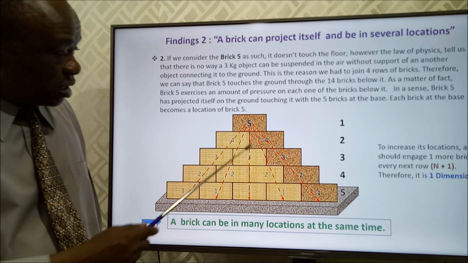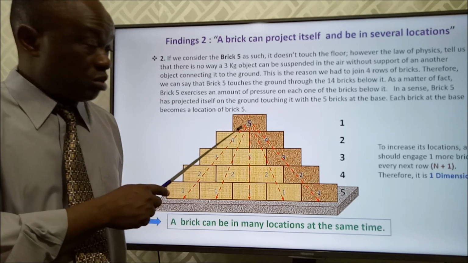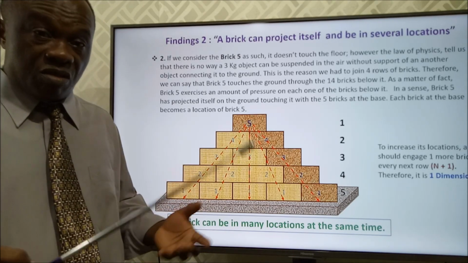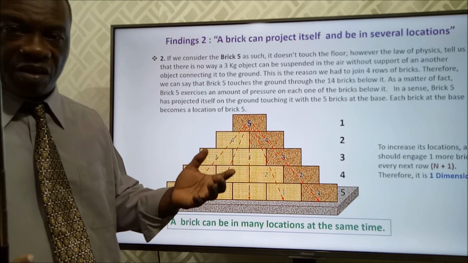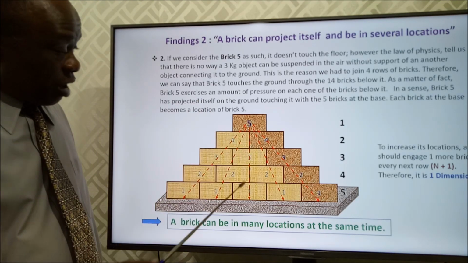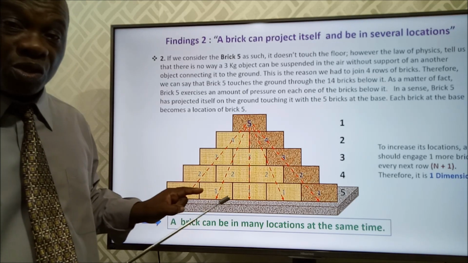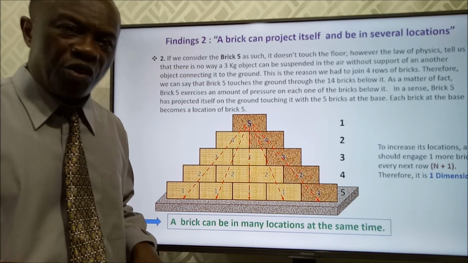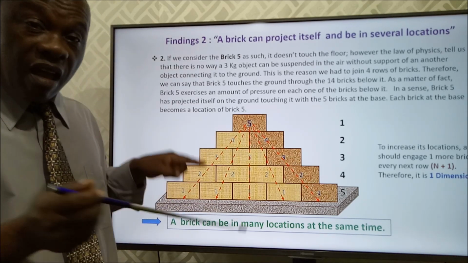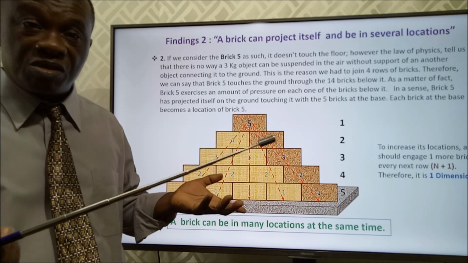We are talking about the bricks, which represent the solid things like planets, stars, and whatever. And also we are talking about numbers. Numbers are more fundamental than electrons, than particles.